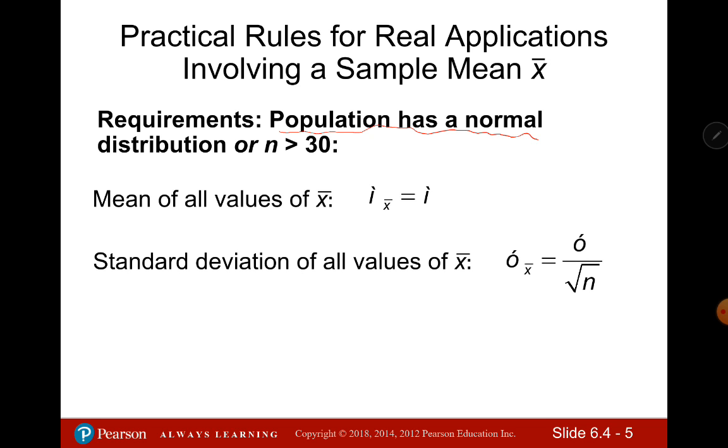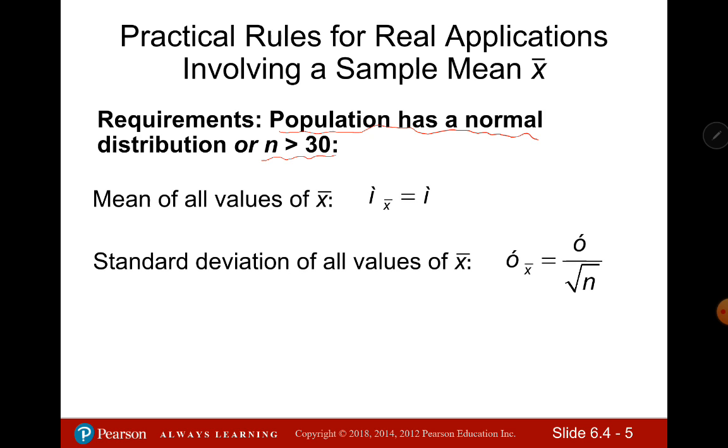Or if the population is not a normal distribution, or we do not know what kind of distribution it is, but we know the sample size is greater than 30, then we can still use the central limit theorem.